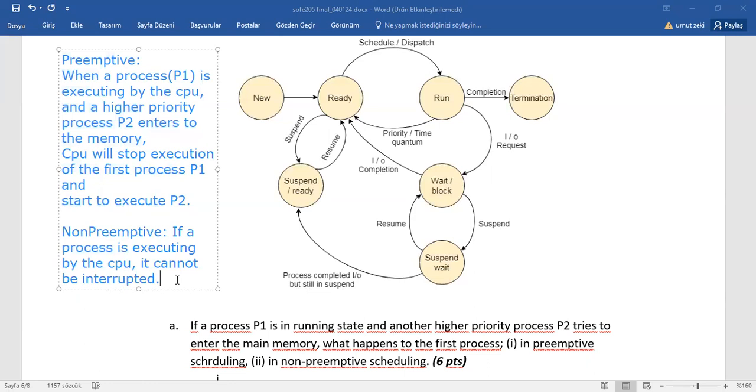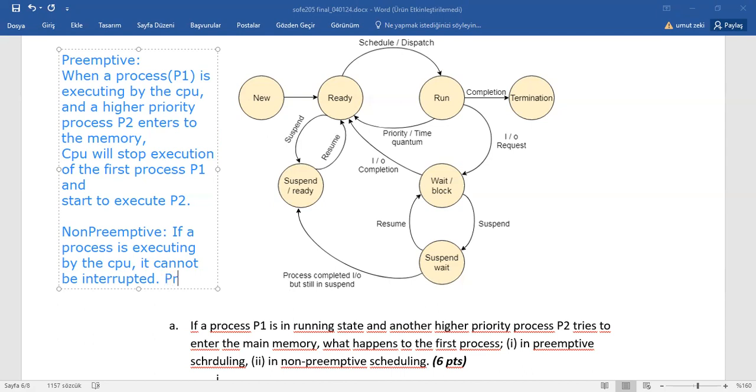But do not confuse it with the input-output thing, okay? For both of them, a process may need an input-output operation and may go to do that task. But this is because the process needed it, not because a higher priority process comes to the memory.